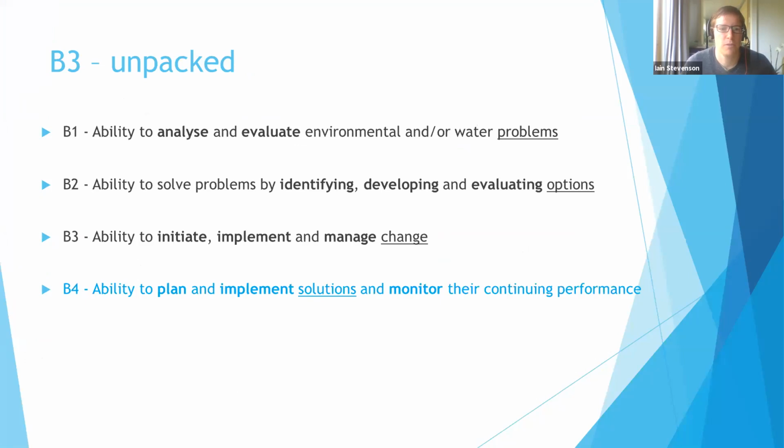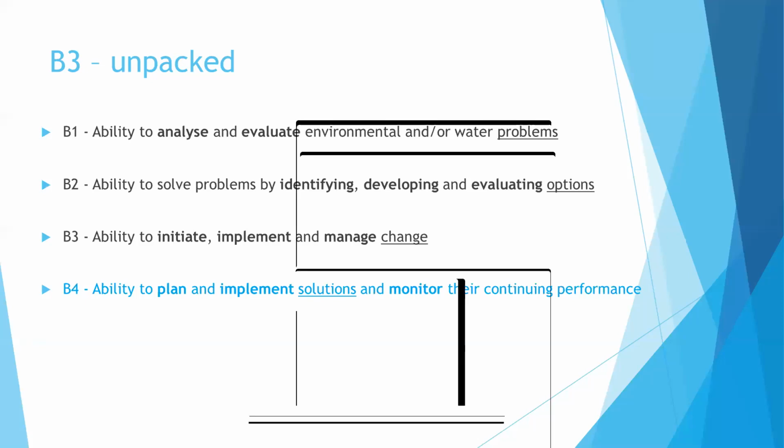Someone's asked, if we just go back, B1 and B4 seem very similar. What should be the difference in the emphasis between the answers? For me, the key thing is that B1 looks at the analysis and evaluation of problems, whereas for B4 we're looking at the planning and monitoring of solutions. In terms of analysing and evaluating problems, it's just looking at what is the problem and framing the questions around that, so your understanding of the problem.